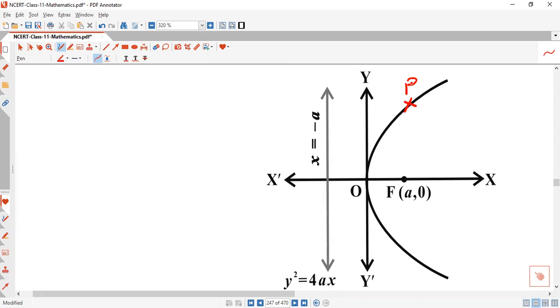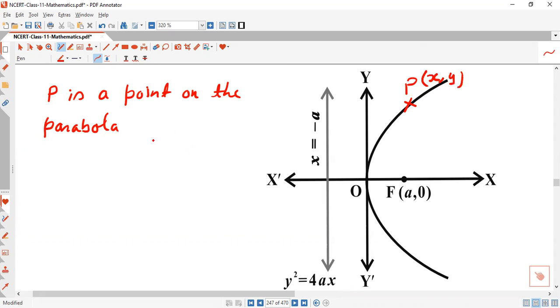P is a point on the parabola, and we say its coordinates are (x, y) in the Cartesian system. But in the case of a parabola, we usually write the coordinates as (at square, 2at).